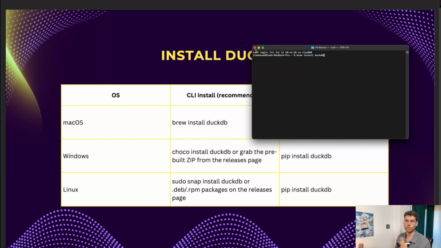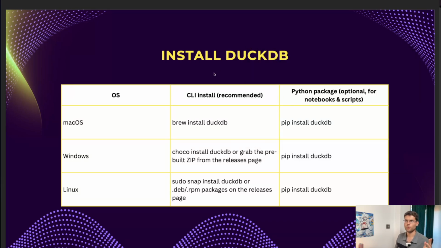You can do the same for the other operating systems, and you also have access to their website, which shows you things in a very easy way. And if you do it within a notebook, for example inside VS Code, you can write pip install duckdb in a cell and still do it, but usually I prefer doing it within the terminal or the CLI.